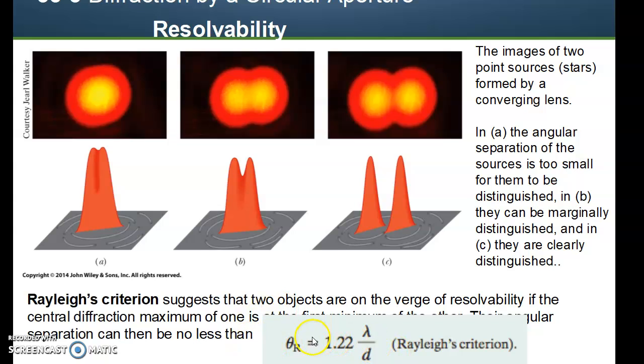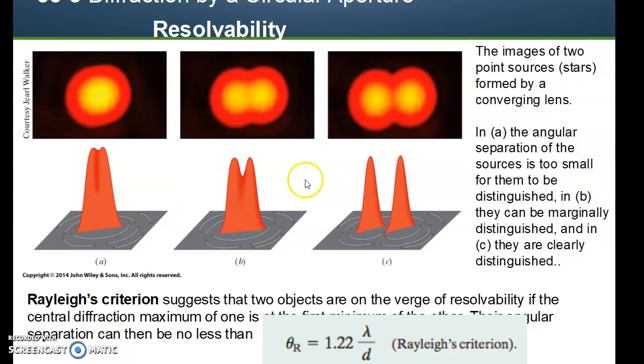If it has this, you can distinguish between them. This right here you can't distinguish. This you can't. This is somewhat. But this right here you can clearly distinguish between the two separate images of two point stars, from not resolved, to marginally, and then clearly distinguished.